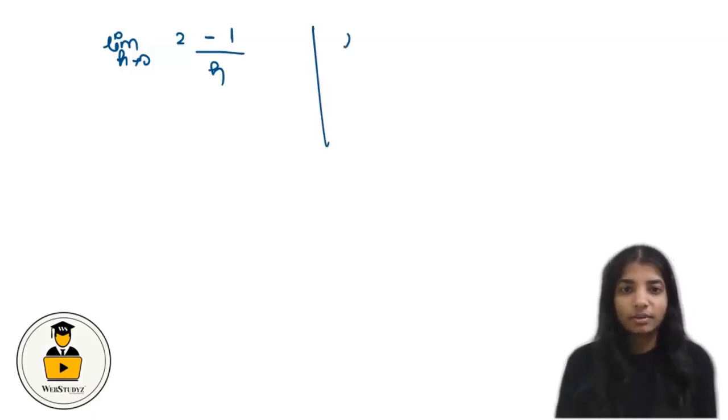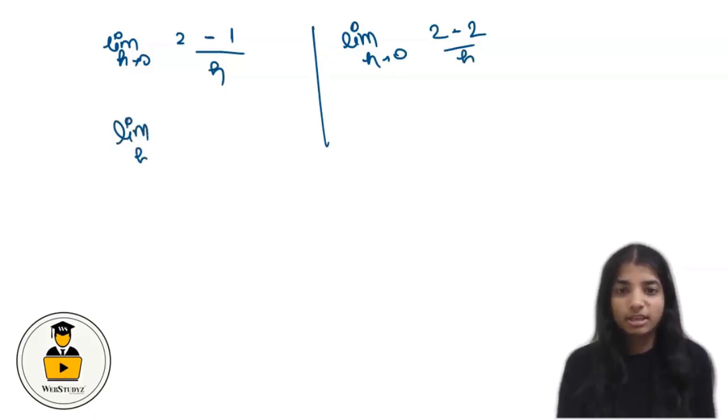The greatest integer of 2 is 2, minus the greatest integer of (2 minus h), which is 1, divided by h. And the other is the greatest integer of (2 plus h), which is 2, minus the greatest integer of 2, which is 2, divided by h. So 2 minus 1 is 1, so this is the limit as h tends to 0 of 1 divided by h.